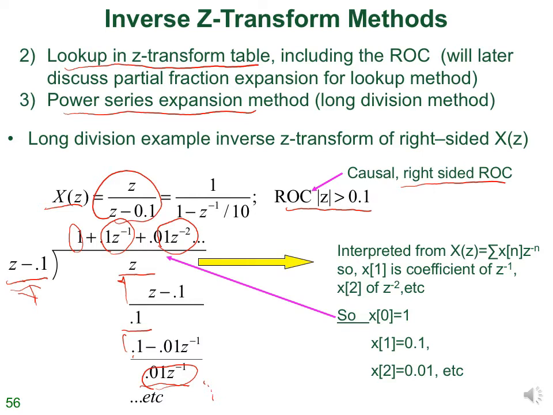Well, x of 0 multiplies z to the minus 0, x of 1 multiplies z to the minus 1, x of 2 multiplies z to the minus 2. And so just reading from the top, x of 0 is 1, x of 1 is 0.1, and x of 2 is 0.01. And so we can read the values of x of n straight from the values resulting from our long division.